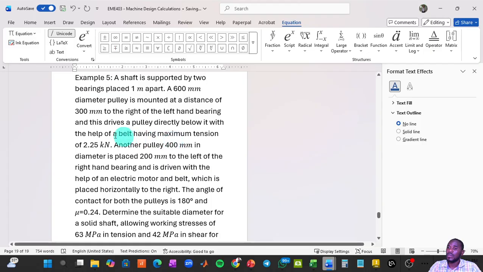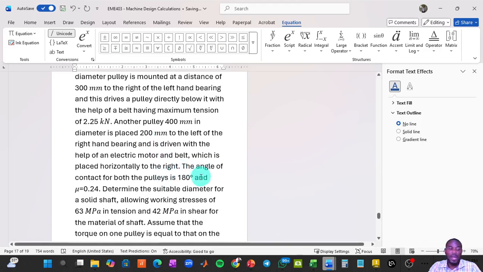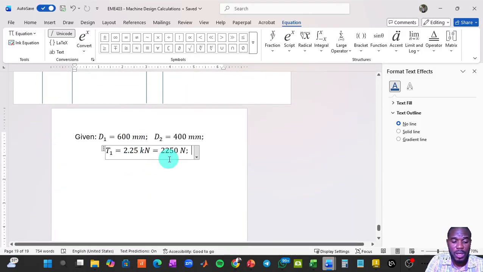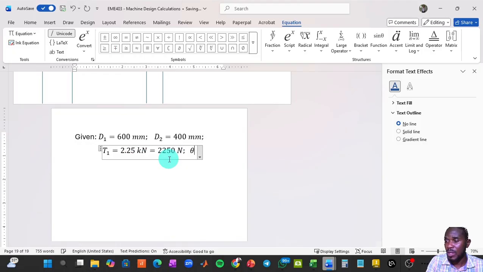Checking that, and that is already on the diagram. This as well. The angle of contact, that is theta, is 180 degrees, and mu is 0.24.